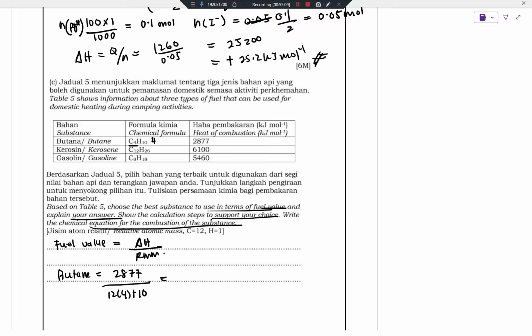So 2877 divided by 58 gives 49.61 kilojoule per gram.